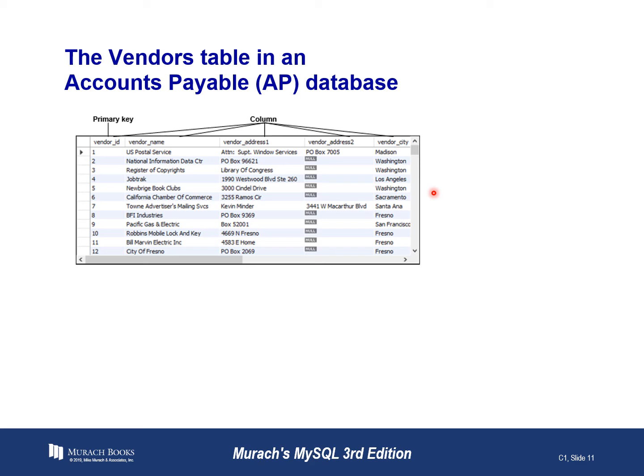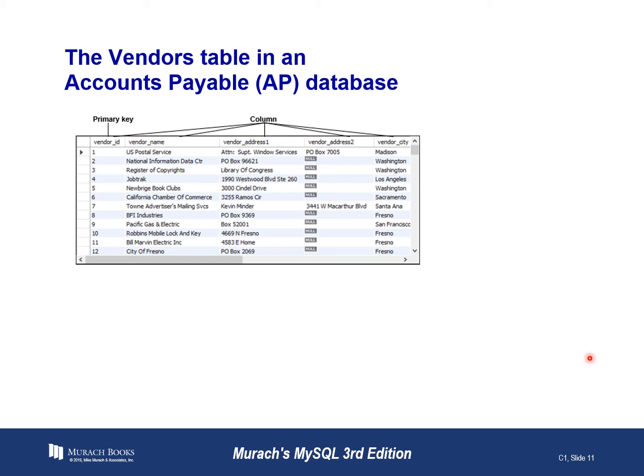A row contains a set of values for a single instance of the entity, such as one invoice or one vendor. If you have a students table, each row represents a single student, so that's one instance. Here is an example where each row represents a single vendor.